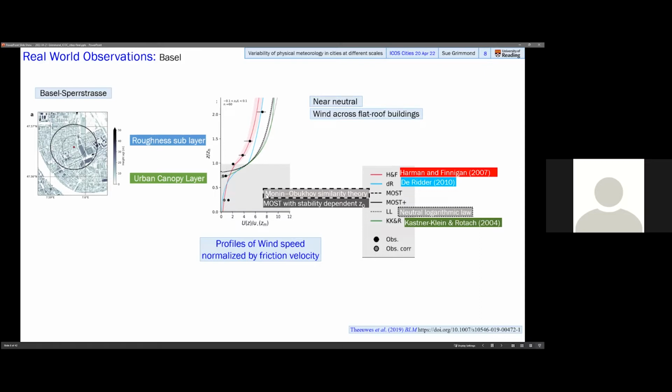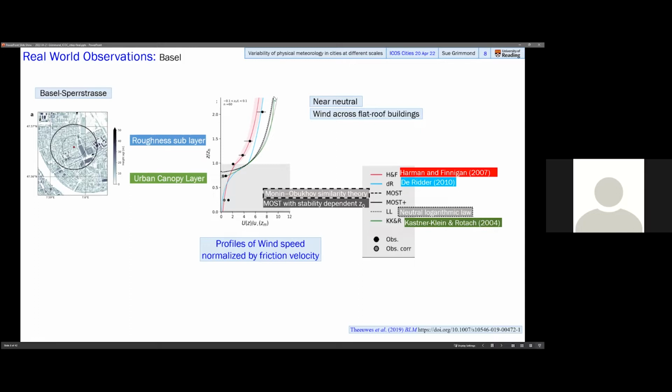So here we're looking at the dots of sonic anemometer observations taken in Berlin for neutral wind conditions. The horizontal lines give us some idea of the variability of those observations under these conditions. The black lines show the Monin-Obukhov similarity and log law predictions of the wind profile.